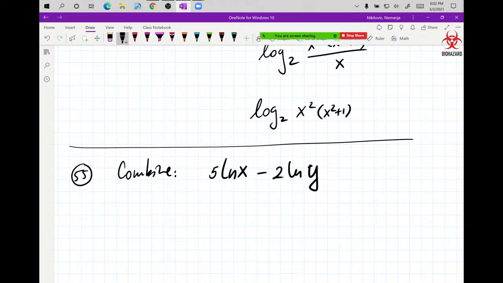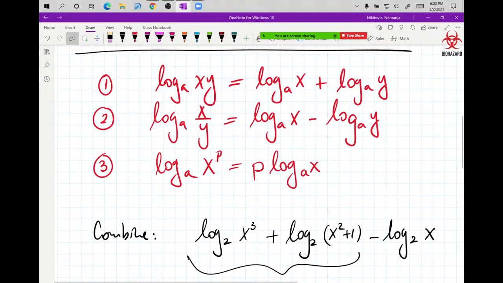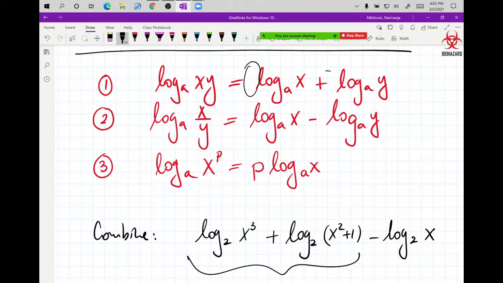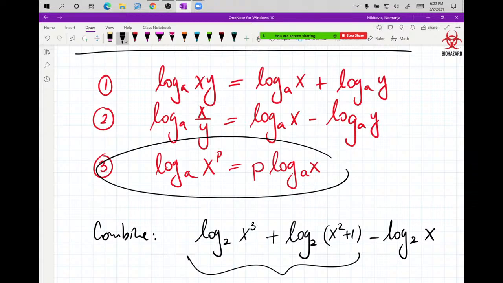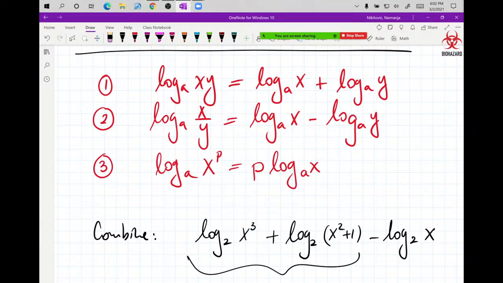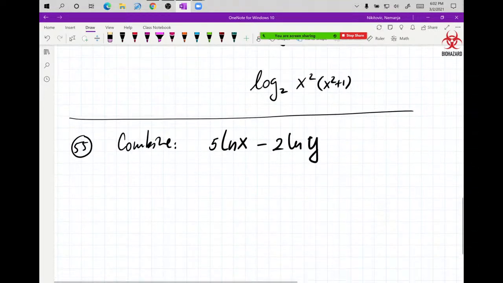In order for us to combine these, we have to get rid of the constants in front. You can only combine these guys that have no numbers in front. Luckily, you can use rule 3 to get rid of the constant in front by putting it in as the exponent of your argument.